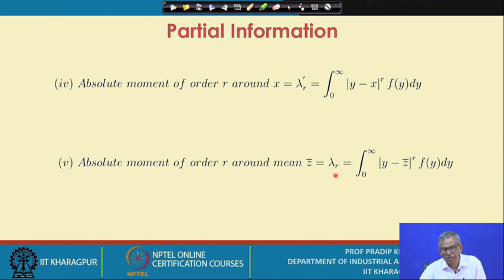Is it clear? I hope this point has been made clear, because very soon you will come to know that for solving such a problem you will be using many types of inequality expressions. The Chebyshev inequality and other inequalities have a very close resemblance with the absolute moment of order r around mean z bar, that means lambda r. That's why we have specifically the expression for lambda r.